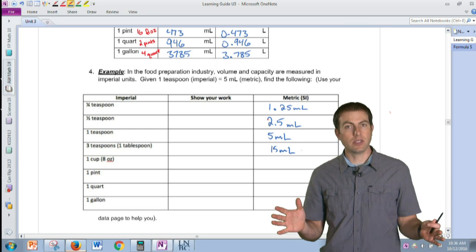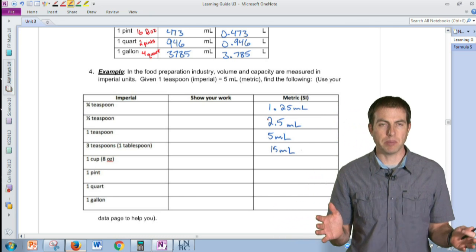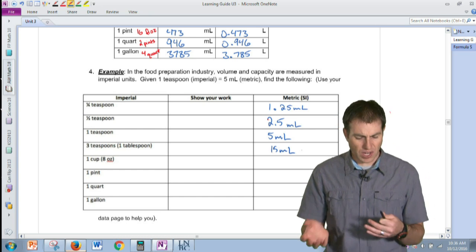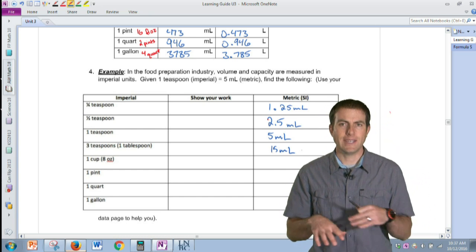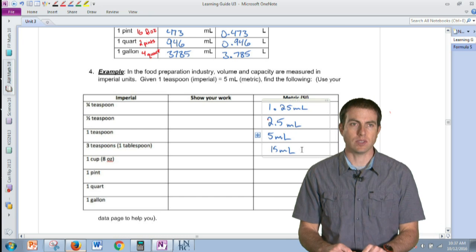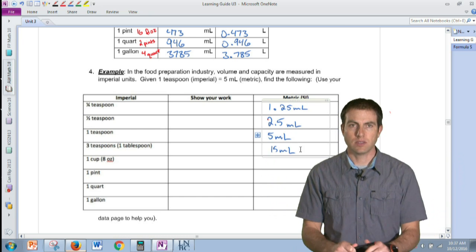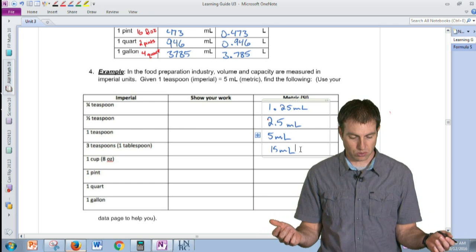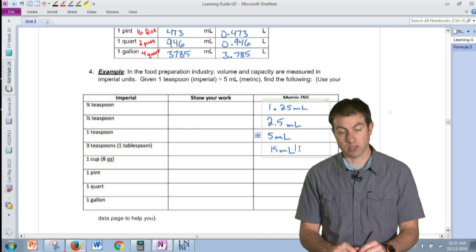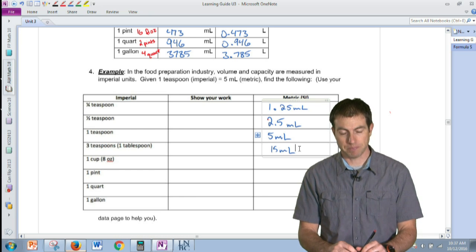So I was completely good up to this point. I'm like, this whole table makes sense. Everything's kind of flowing. I have teaspoons 5, 3 teaspoons 15. Everything's looking good. And then I got to this 1 cup is 8 ounces. And I'm just like, this has nothing to do with anything we've talked about so far. So then I just went on the internet and I looked up how many milliliters are in a cup.